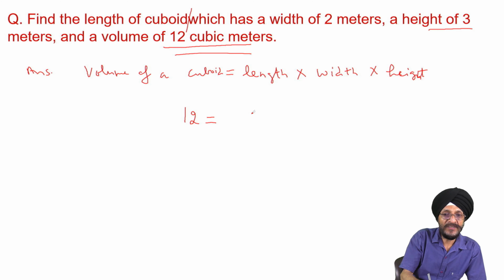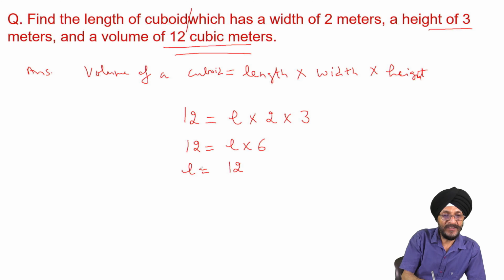Length is not given. We have to find out the length. What is the width? It is 2 meters. What is the height? It is 3 meters. So 12 is equal to L into 6.